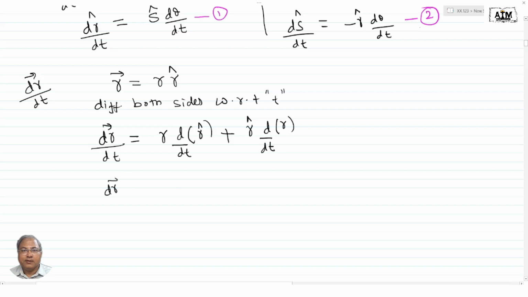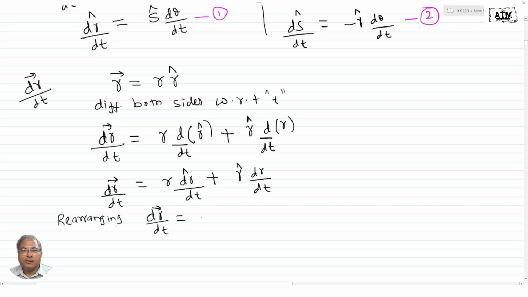So we got here dr by dt equals r dr cap by dt plus r cap dr by dt. Rearranging, we get dr by dt equals dr by dt r cap plus r multiplied by dr cap by dt.